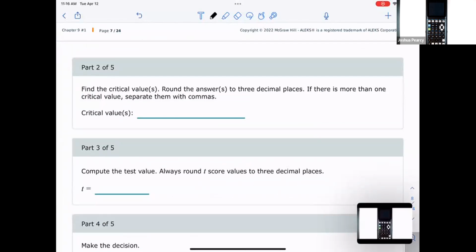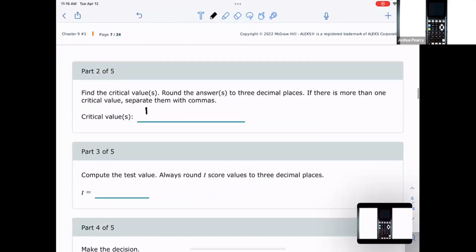And since you're doing a two-tailed test, you want to take the positive and the negative, plus and minus 2.132. Everyone understand how I did that?